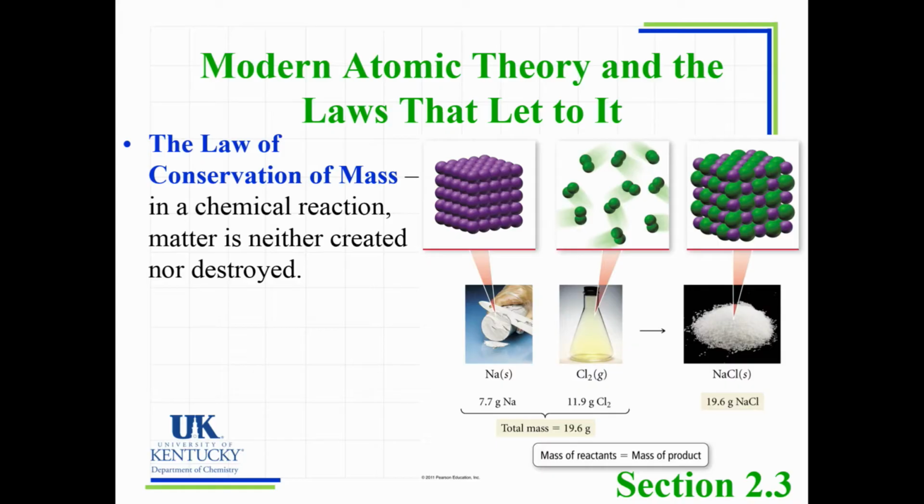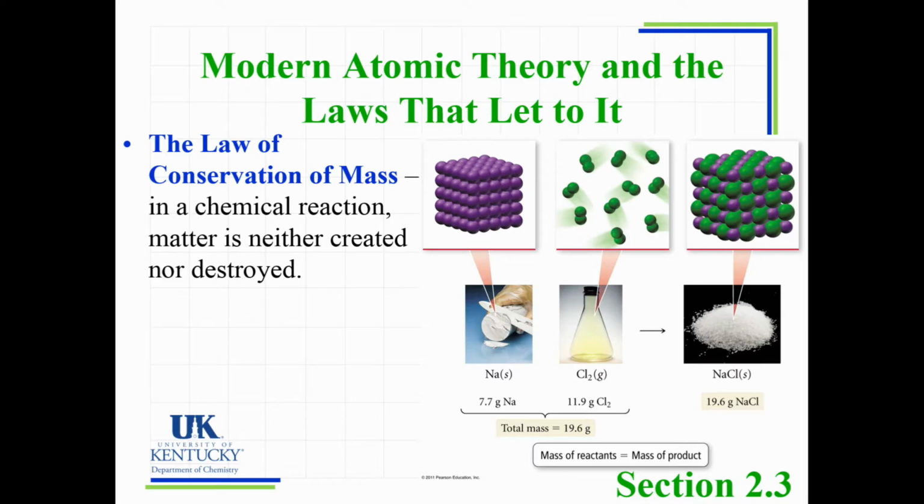Then you have a coating of sodium chloride, which we know is table salt, coating that flask. If you weigh how much matter was there at the end, it would have to be the same amount, 19.6 grams of sodium chloride. So in every chemical reaction this is true, and that is a law for us, the law of conservation of mass.